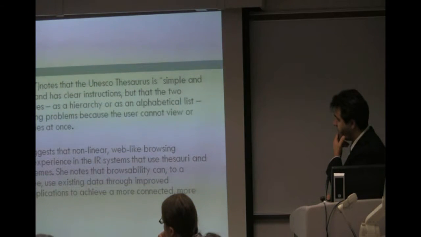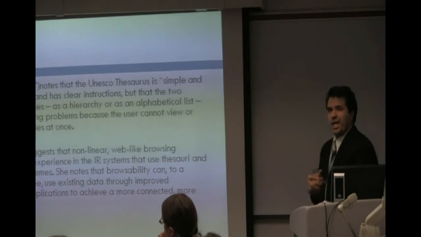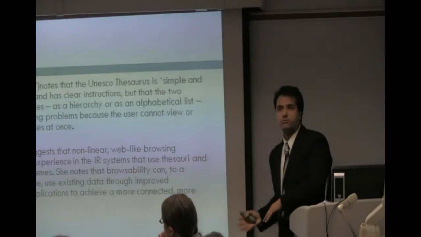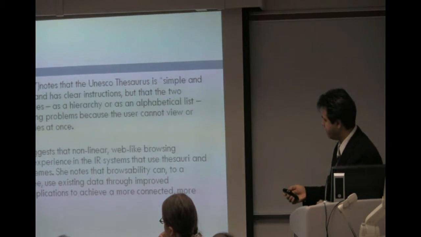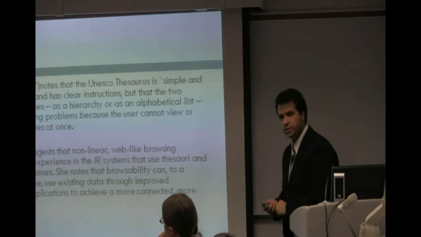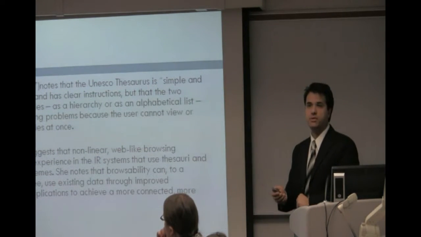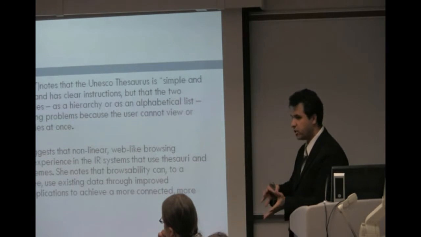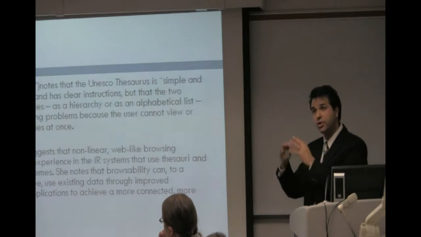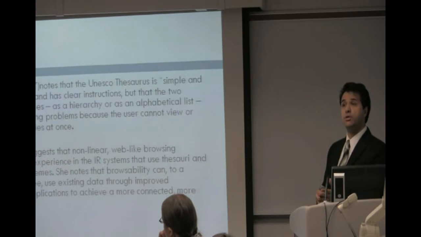The second is Olson's idea of nonlinear, web-like browsing. This was in the paper titled "How We Construct Subjects: A Feminist Analysis." So the idea is, many people from different cultures or different backgrounds or different gender may look for information not necessarily hierarchically.